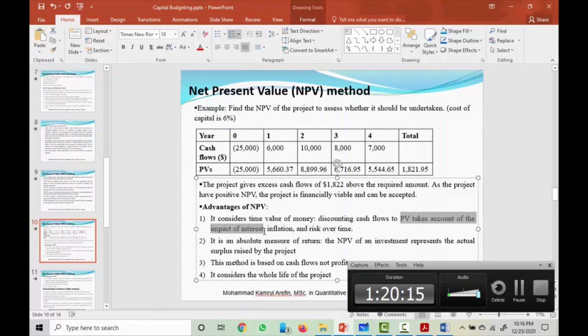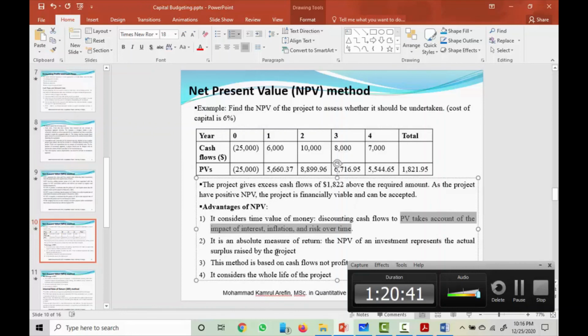Present value takes account of the impact of interest, inflation, and risk over time. Obviously, when you determine your required rate of return, you need to take account of the inflation rate, the cost of capital, and the risk associated with the investment.